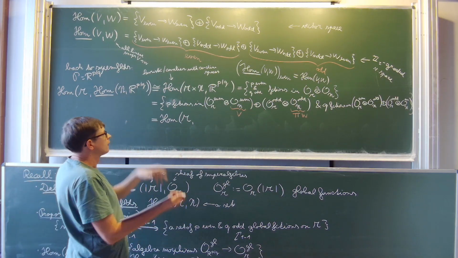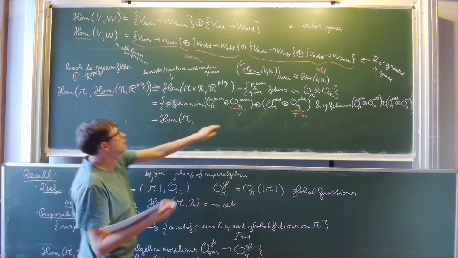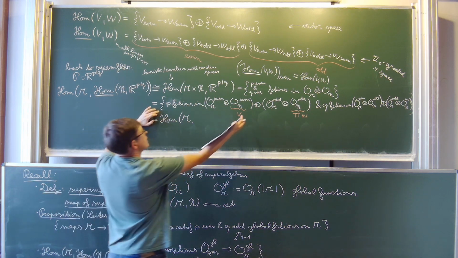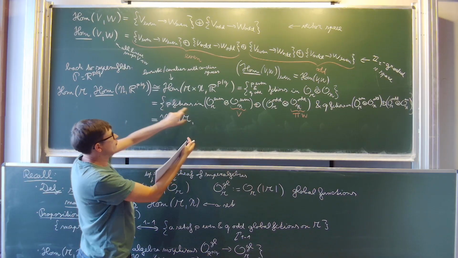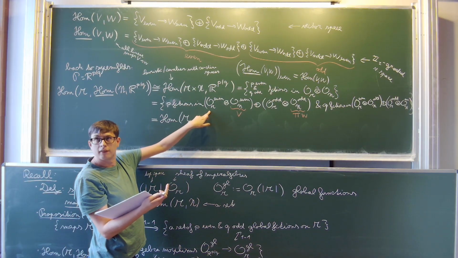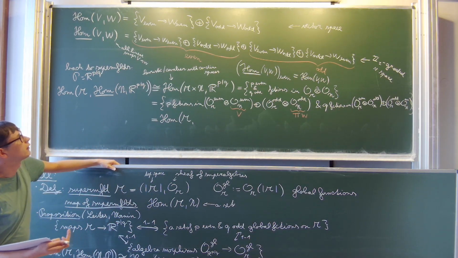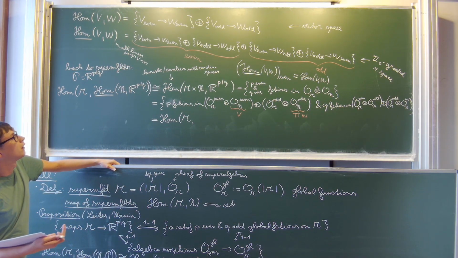So imagine this is 3-dimensional. Then my claim is that the first part is the same as having 3 times p functions in here. Does it make sense? Oh, because it's a tensor product. Yes. Okay.